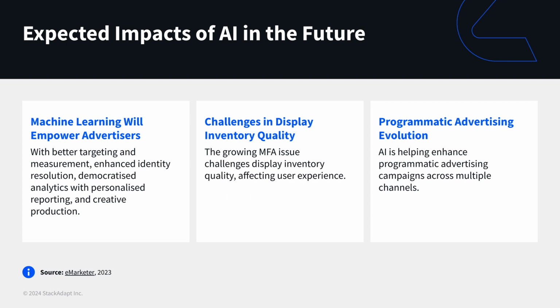AI is also going to have a transformative role in programmatic advertising, which is a trend driven by pursuing efficiencies amongst evolving cookies alternative. And this is literally the beginning of the new era where AI can enhance programmatic campaign across different channels.